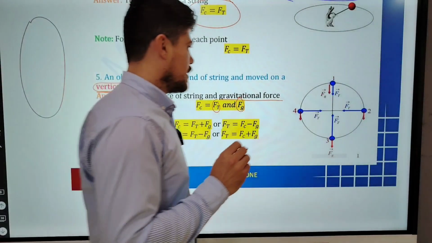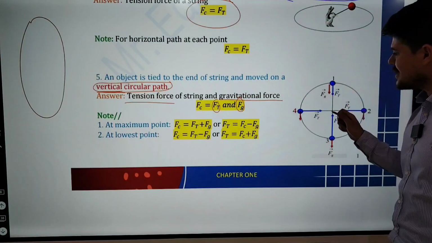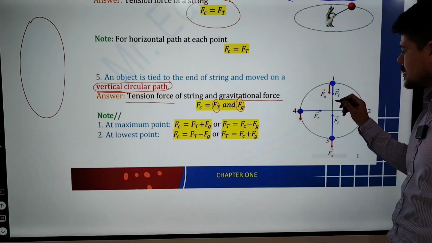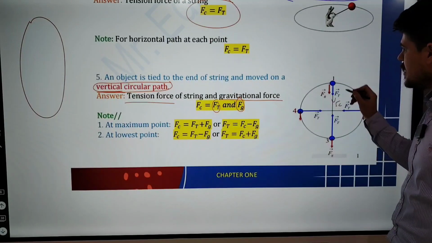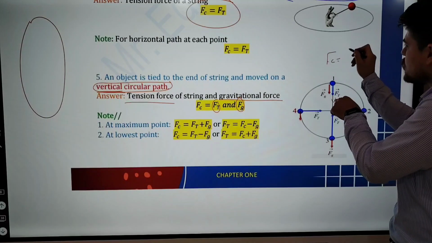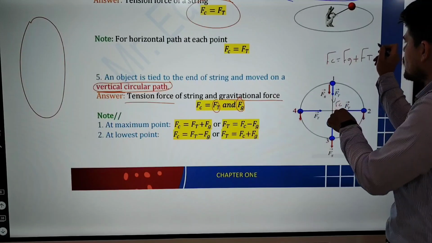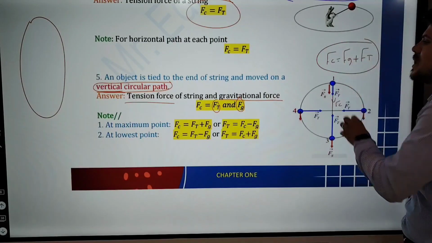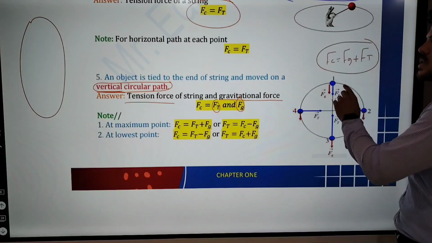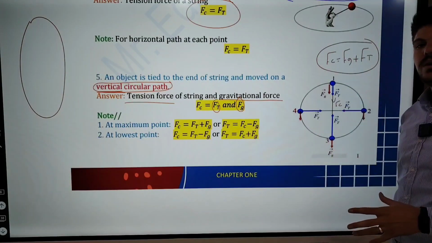Vertical path. Look. At the top of the path, FG downward toward the center. FT always downward. FC is equal to what? At the top, FC is equal to FG plus FT. So that is why, as we mentioned at the beginning of the lesson, the definition of the centripetal force is the resultant effective force.